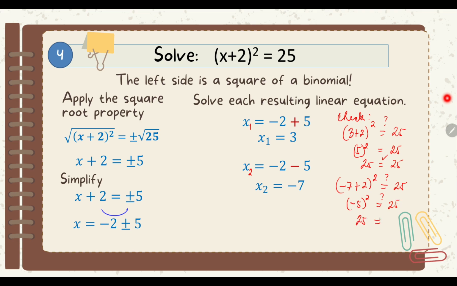It's 25. And that is the same as the one on the right, which is 25. Thus, we say the solution would then be the values negative 7 and 3. Let us get used to writing first the lesser, or we arrange the roots from the least to the greatest. Okay?